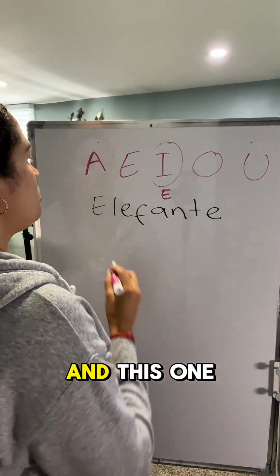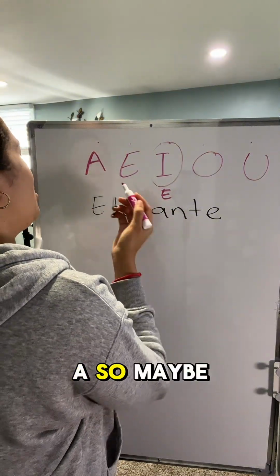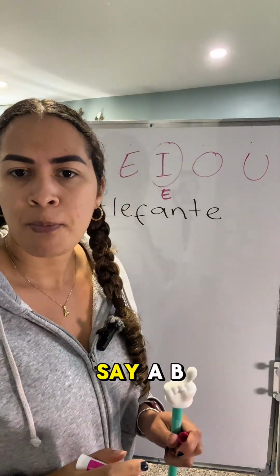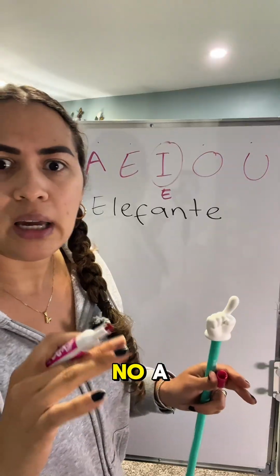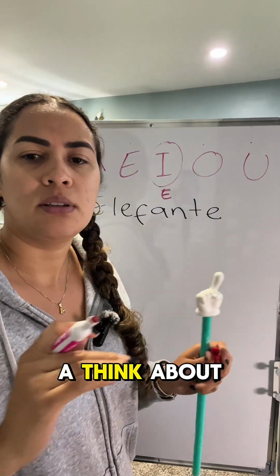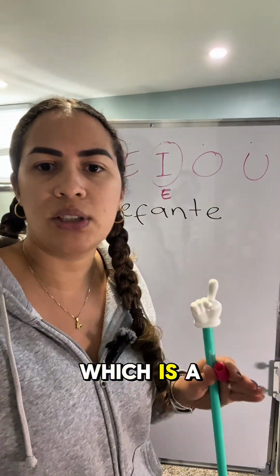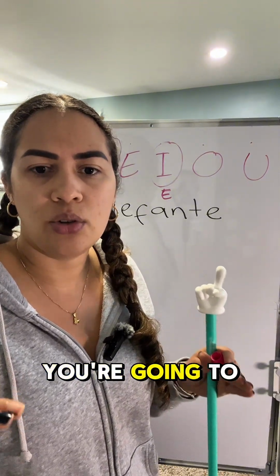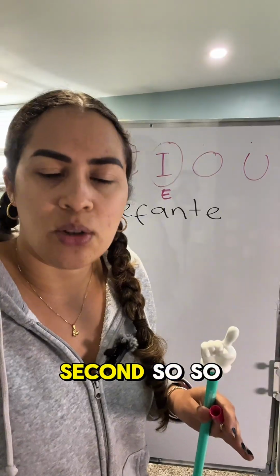And this one is just like a singular E. So maybe you can think about when you say A, B, so A, but no, E, just E. Think about when you are going to say the first letter of your vocabulary, which is A, but without the second sound.